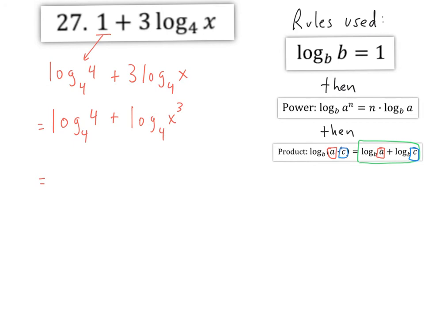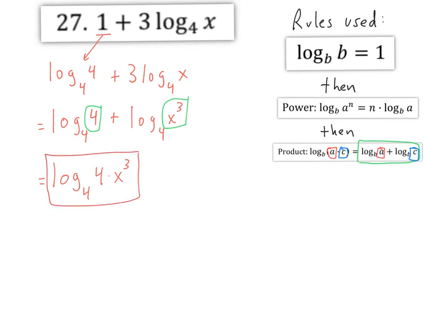So this becomes all one log, same base 4, and these two arguments just get multiplied inside. So 4 times x cubed. And that's it. So we started off with two things added, and we ended up with just one log. And that's what we wanted.